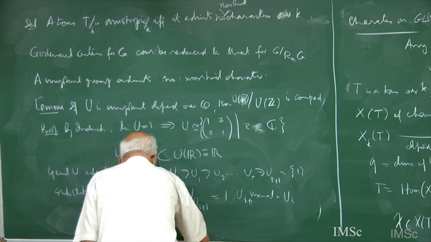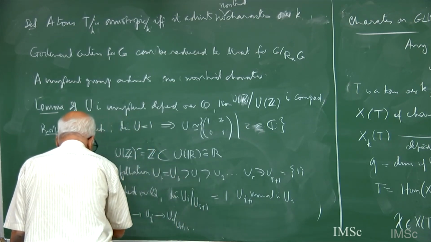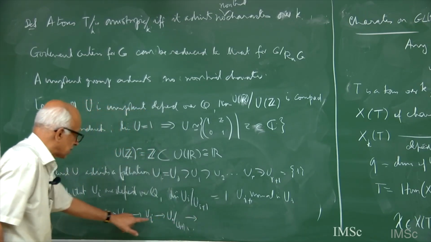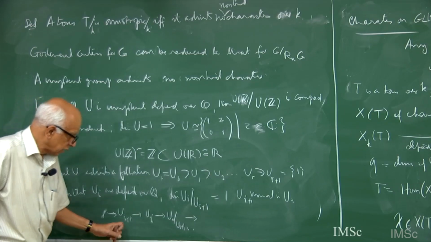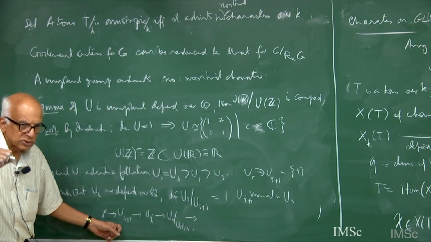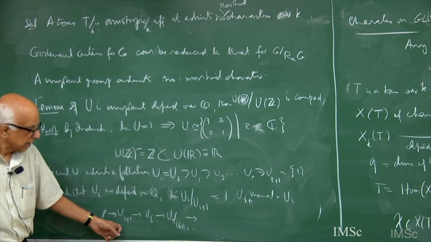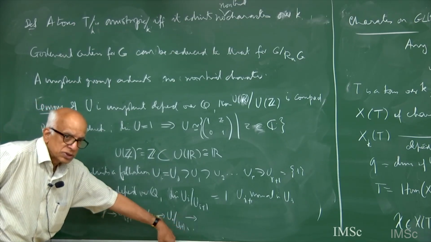Notice that U_{i+1} is normal, so you have this sequence with this mapping surjective with this as the kernel. Now I know that the U_{i+1} R intersection U_{i+1} Z is compact, and I know that the quotient is compact.